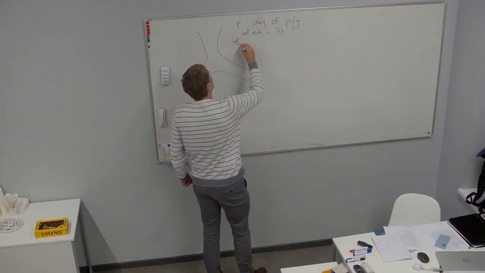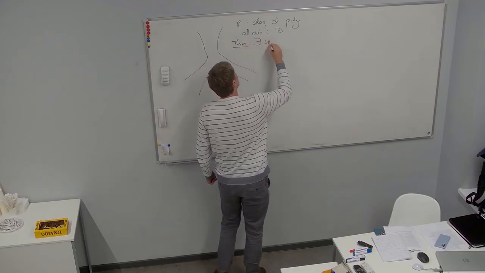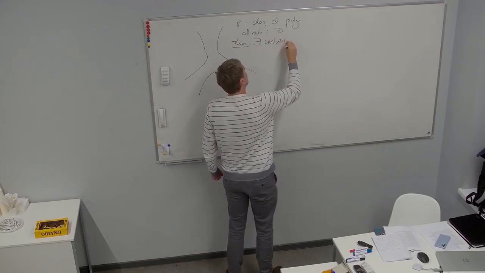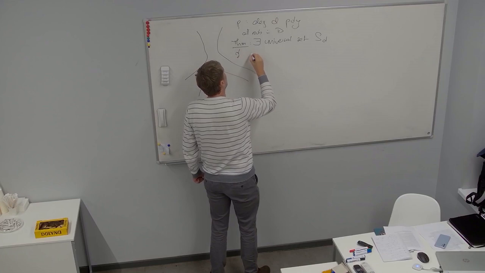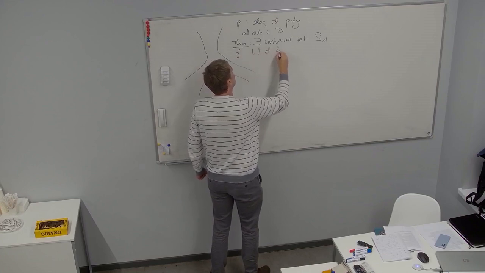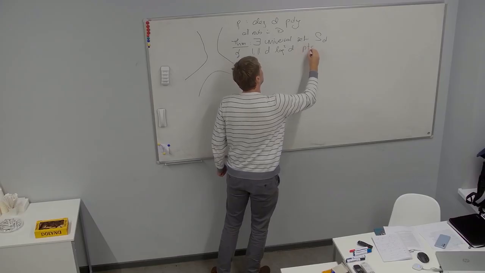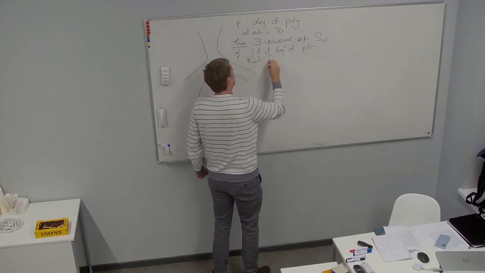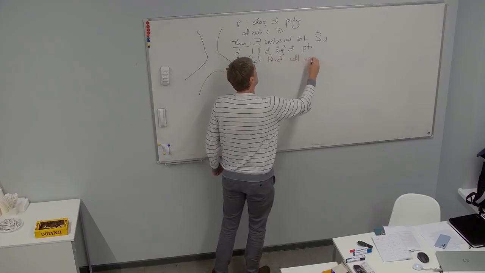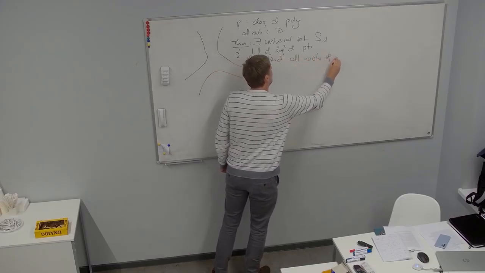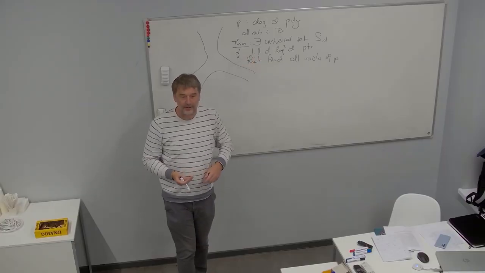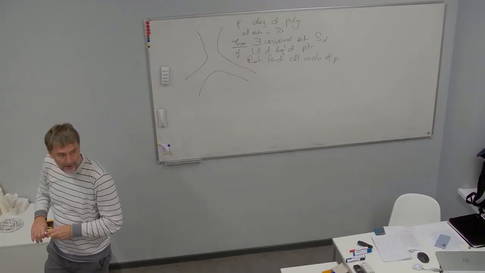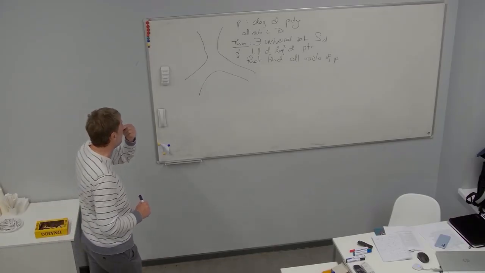Then the theorem is there exists a universal set, for the degree D, S_D, of 1.11 D log squared D points that find all roots of P. I will not get into how you get this particular constant, but in principle, up to a constant, I hope I can convince you that this is not too hard.